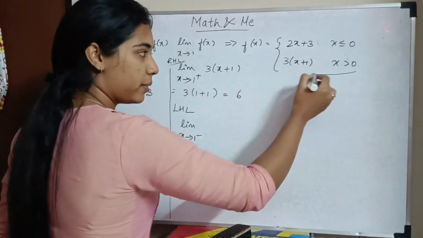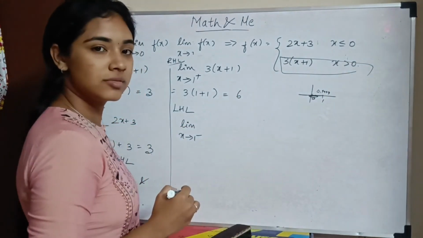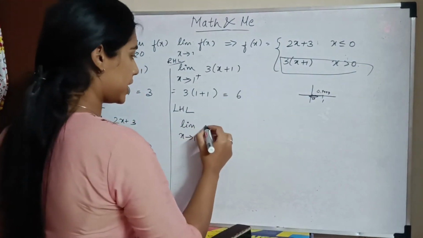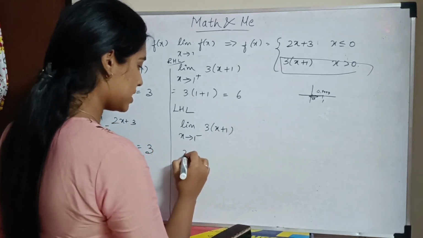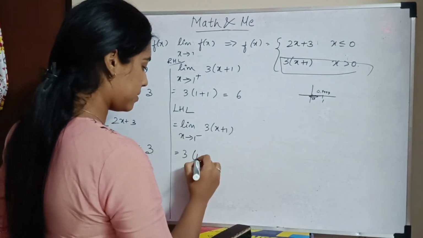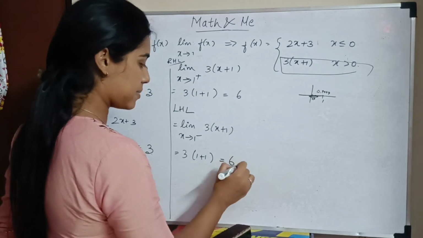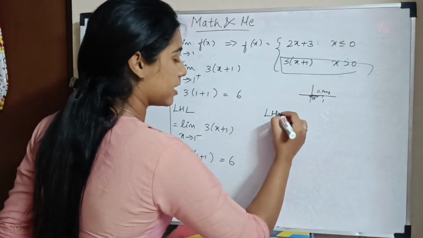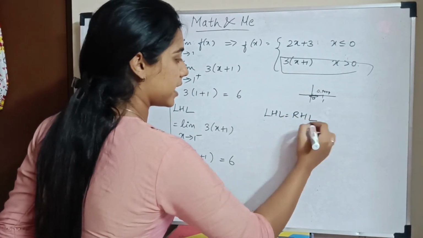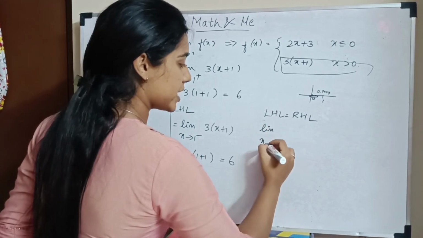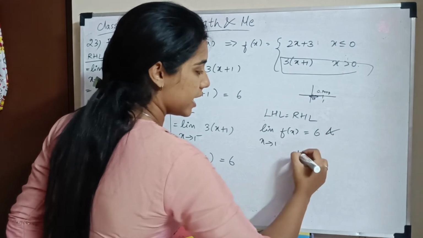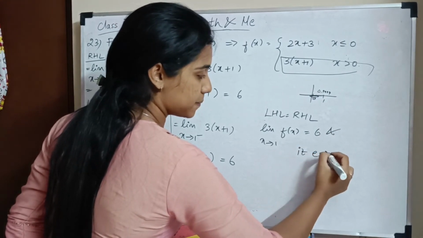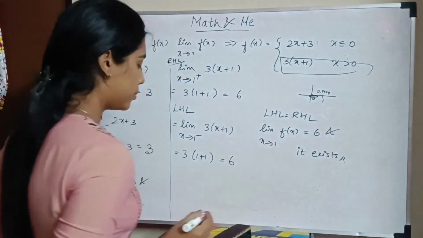So அப்போ மறுபடியும் இதுதான் எடுக்கணும். Okay, clear? So you take the same term x plus 1, which means substitute panna enna agum? 3 times 1 plus 1, you get the same 6, which means left hand limit is equal to right hand limit. So limit x tends to 1 of f of x is equal to 6 and it exists. புரியுதா?